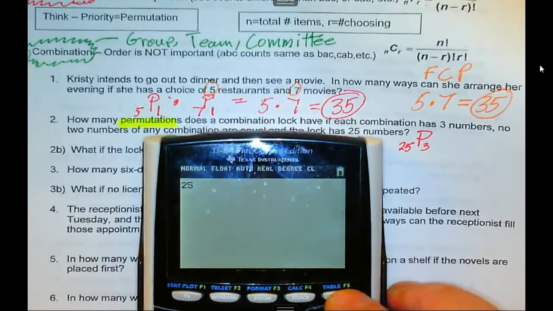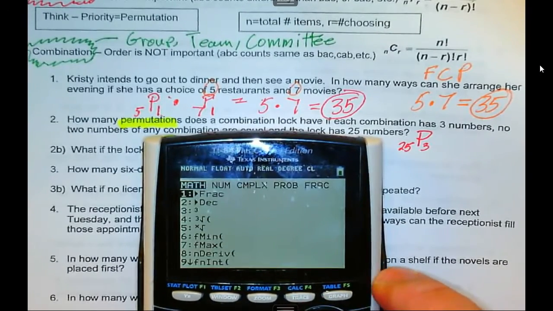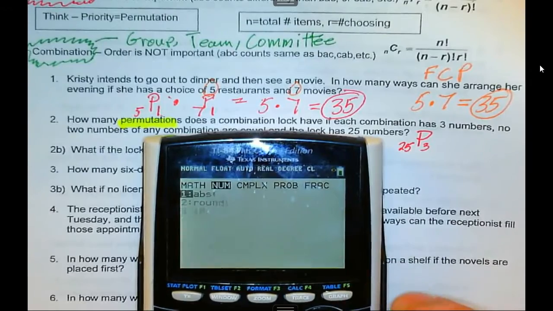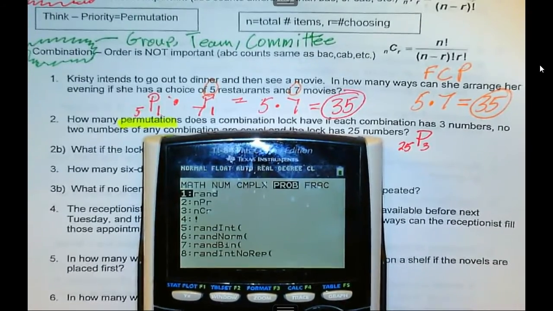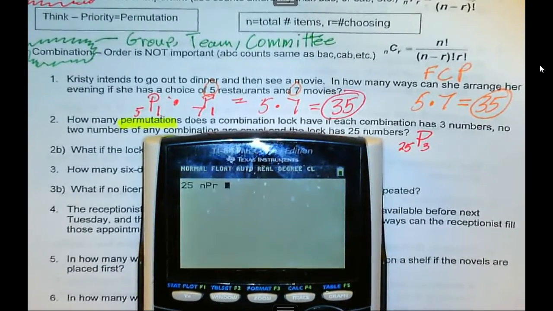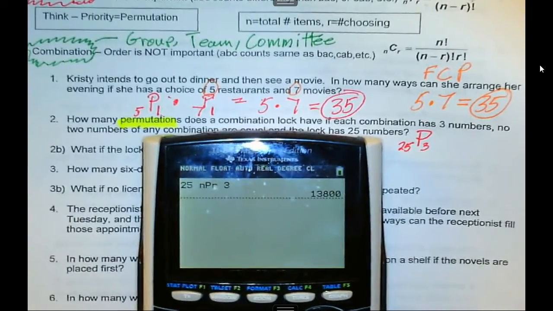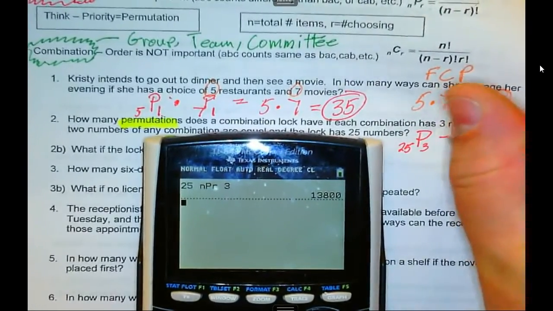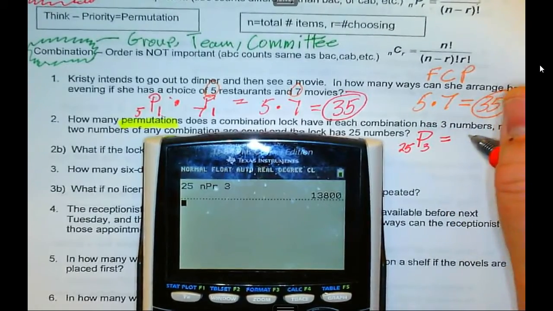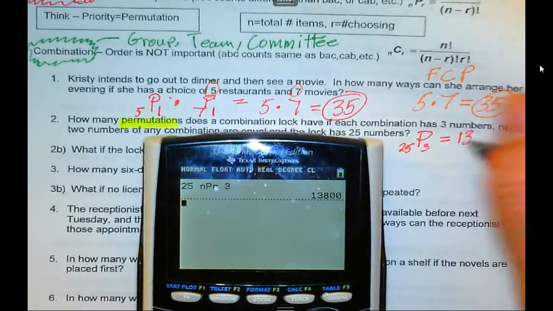Put 25 in first, then hit your permutation, and then 3, and enter. And you get 13,800.